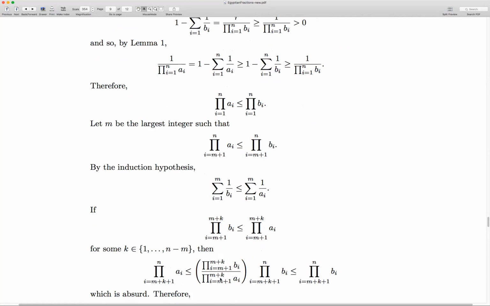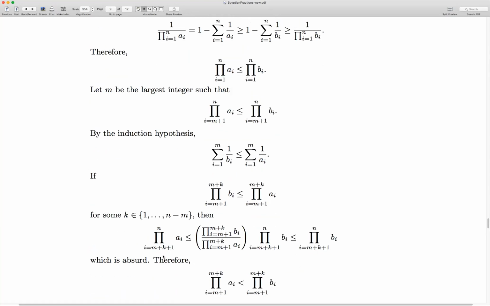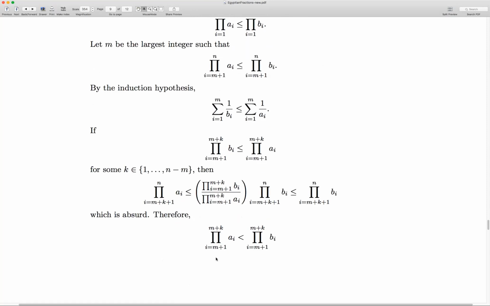And this product, we said we're assuming that if this inequality holds, this is less than or equal to 1. So we would have this inequality, which is absurd because m plus 1 is the smallest integer for which an inequality of this form holds. So for all k from 1 to n minus m, we have this partial product inequality.